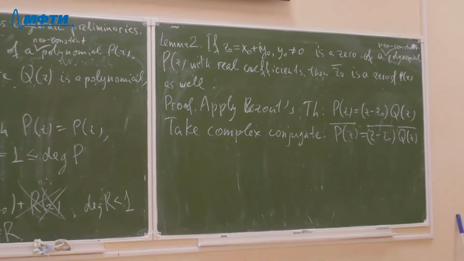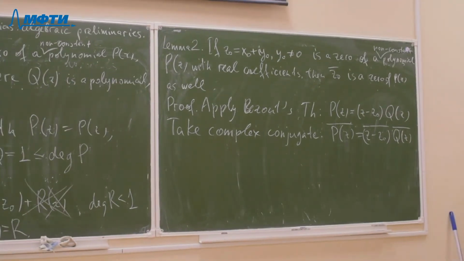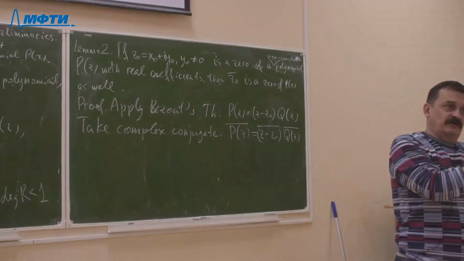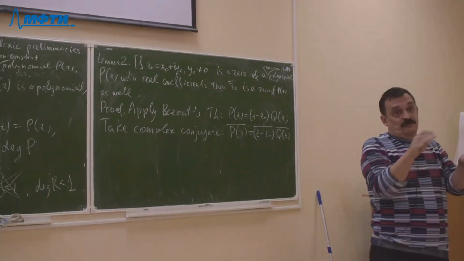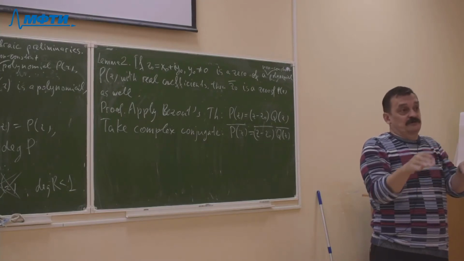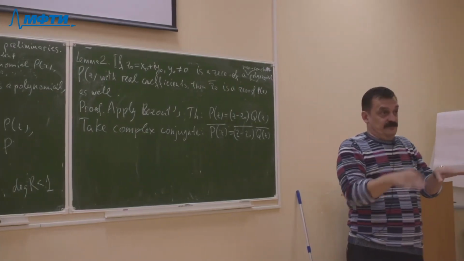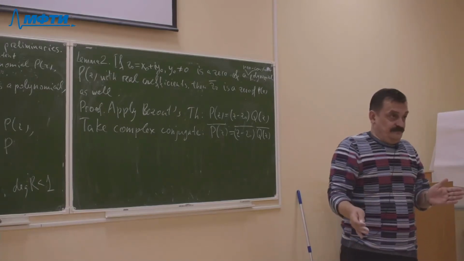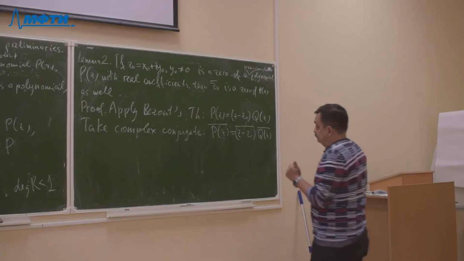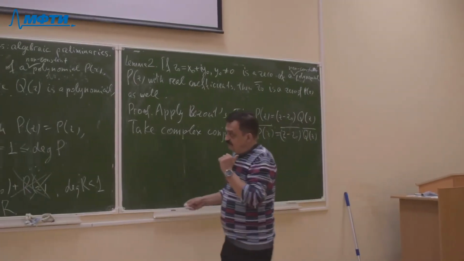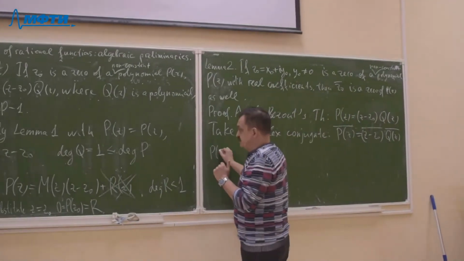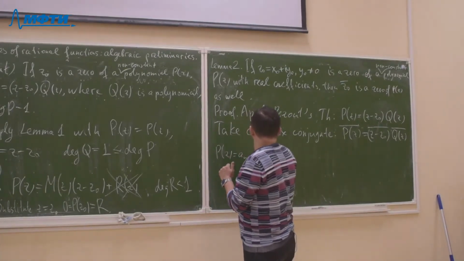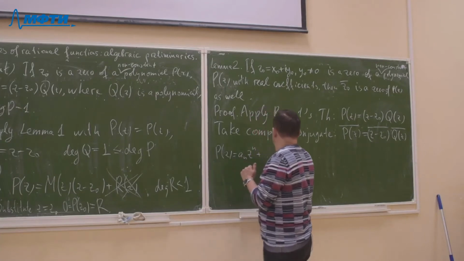When you take complex conjugate of a sum or of a product, then you can put conjugate on every term of the product or on every term of the sum, right? So conjugate is taken term by term. Now, look. P of z was a polynomial, let's say a n z to the power n plus so on plus a naught, right?